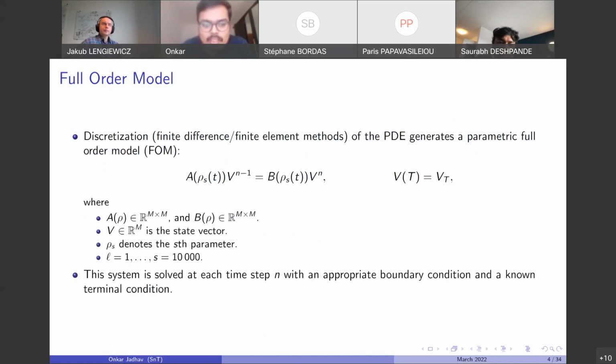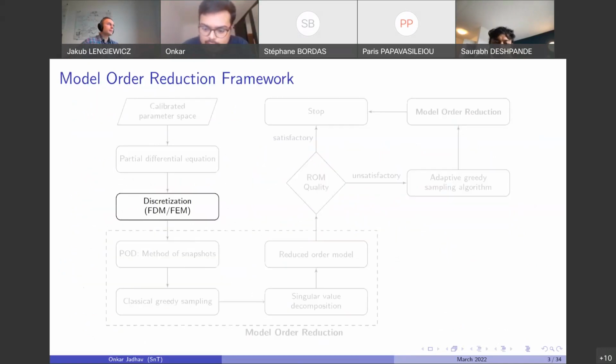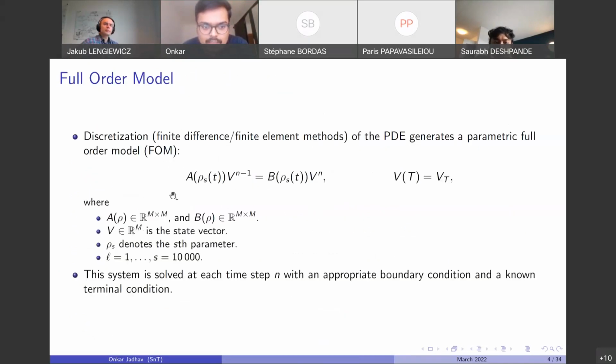So it reduces this linear system of equations. Your matrices of order, let's say M in my case, it reduces this system to D cross D. Yeah, I know about POD, that you basically get the reduced basis to represent the full space.